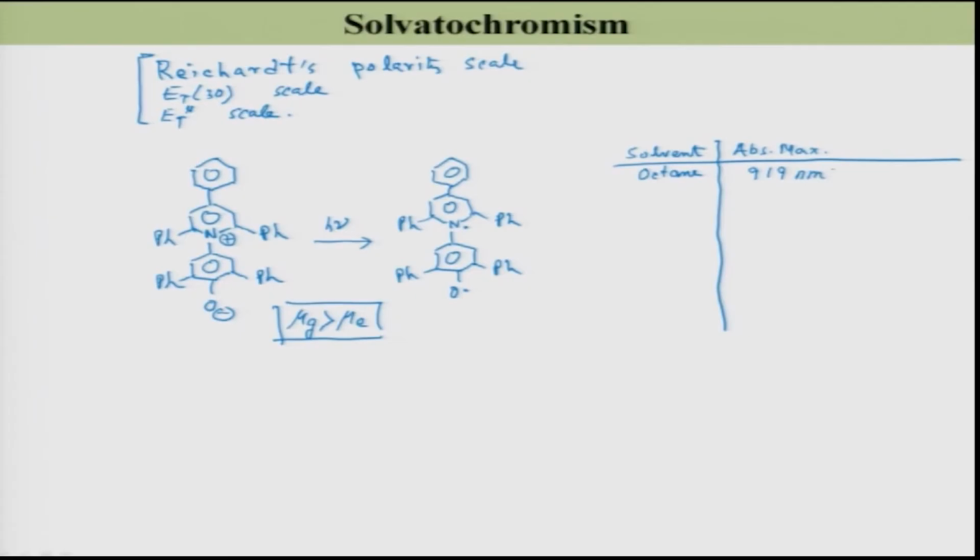When he changed octane to benzene, the value he observed is 833 nanometer. When he changed it to propanol, he observed 564 nanometer, and in case of methanol, this is 516 nanometer, and in case of water it is 453 nanometer.